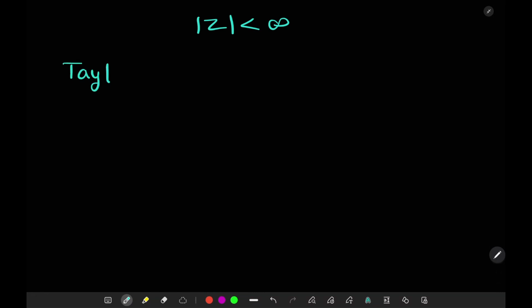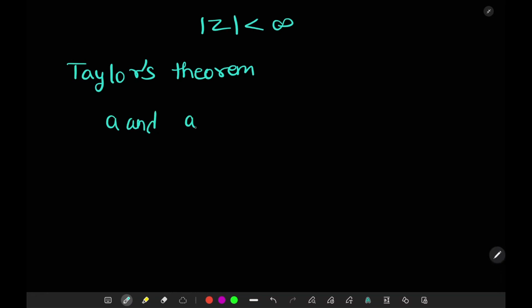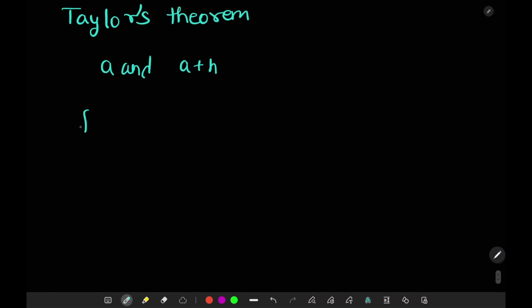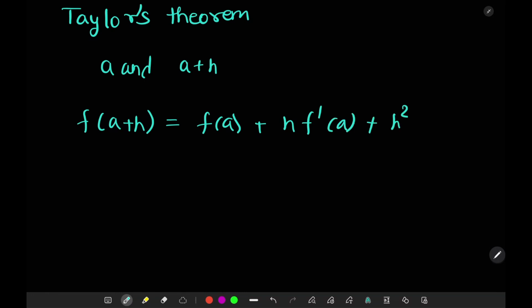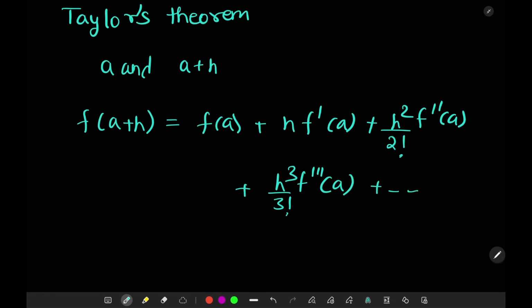Now Taylor's theorem. Let f(z) be analytic inside and on a simple closed curve C, and A and A + H be two points inside C. So f(A + H) we can write in this form: f''(A) H^2/2! + f'''(A) H^3/3! + up to so on + H^n/n! f^(n)(A).